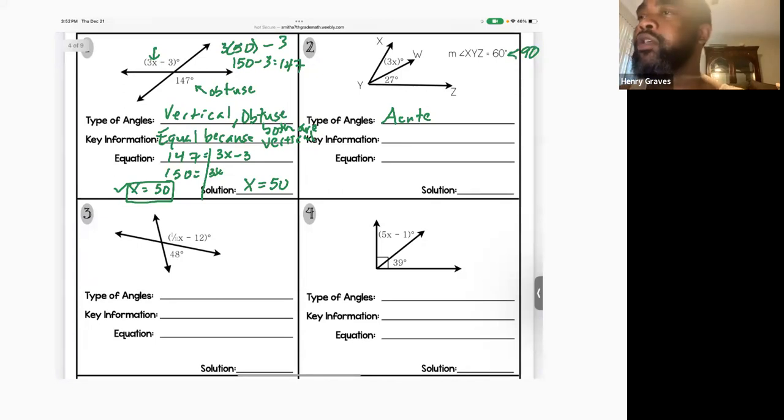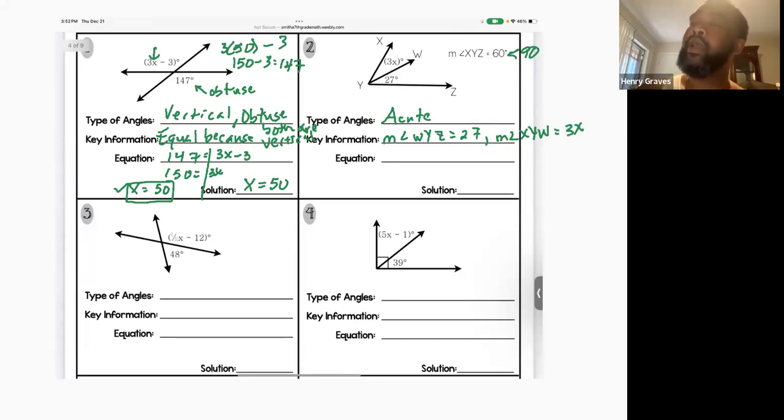Okay, so since we know that the measurement of angle YWZ is 27, and the measurement of angle XYW is equal to 3x, I basically have to take both of them and add them up together to give me 60. So 60 is going to equal 3x plus 27. I subtract 27 from both sides, so 60 minus 27 should be 33.